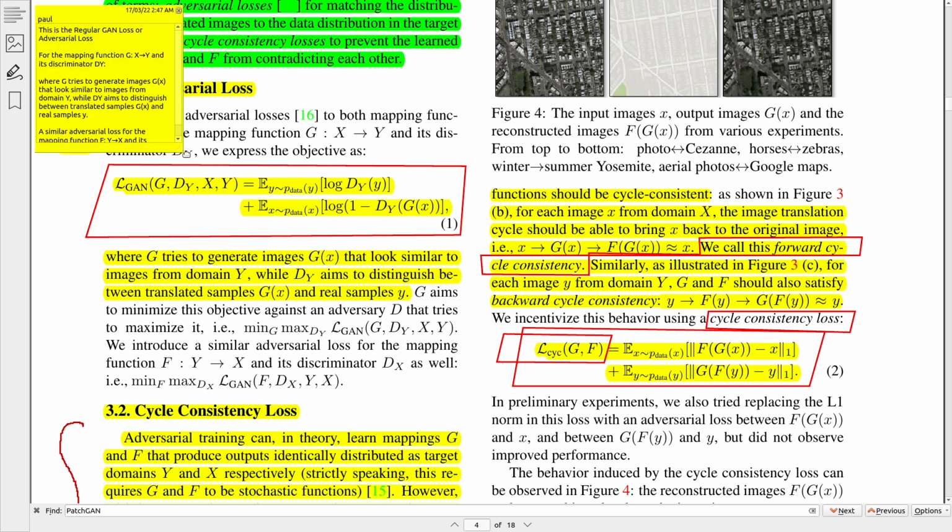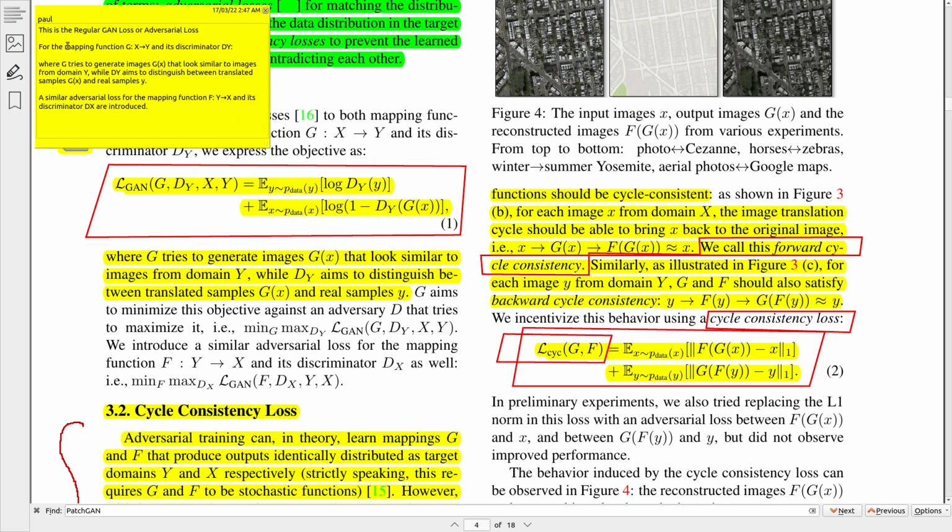So I put some comment here. Let's see what I put. So this is regular GAN loss or adversarial loss for the mapping function G which produces a map between x and y, that is it takes x as input and produces y, and the corresponding discriminator is Dy. Here G tries to generate images Gx that look similar to images from domain y, while Dy aims to distinguish between translated samples Gx and the real samples y, obviously.